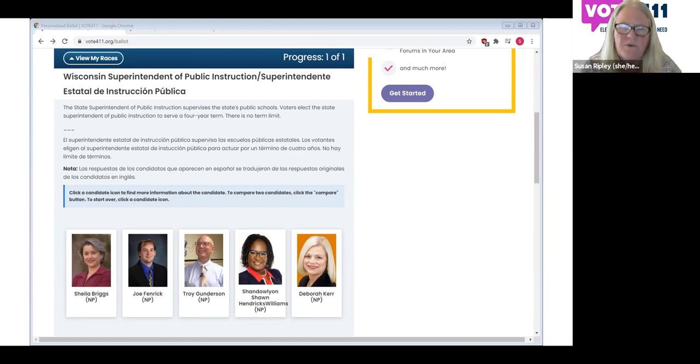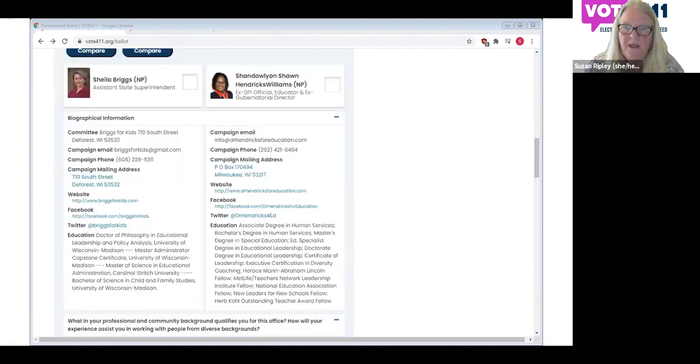You pick the race you want to see. This is the Superintendent of Public Instruction race. It was a primary, so there were a lot of candidates. When you look at the candidates, you can select two of them to compare, and you'll get a page like this. It has two of the candidates and some information about them.